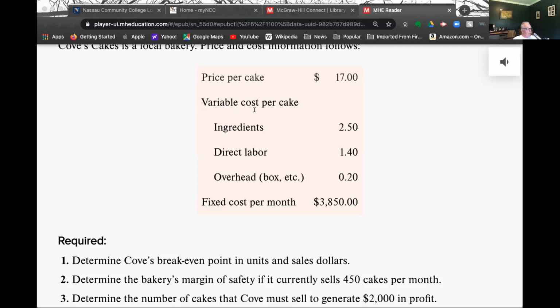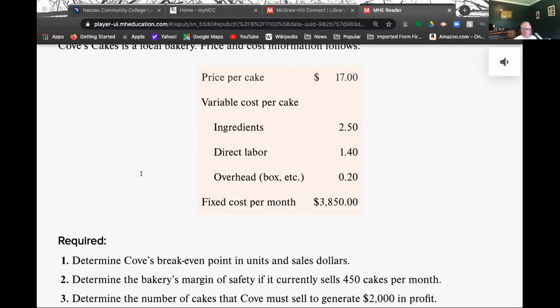So what's the break-even point in units? How many cakes do we have to sell to break even? Fixed cost divided by the contribution margin per unit. So if I take $3,850 and divide it by $12.90, that comes out to 298.45, I think.